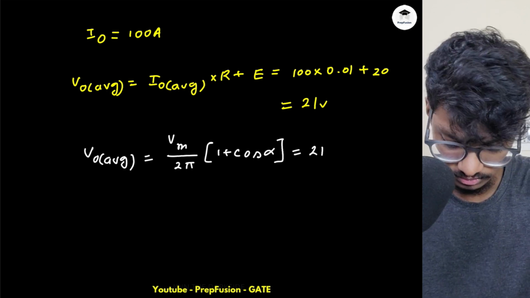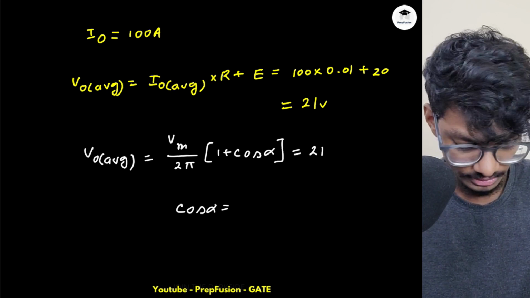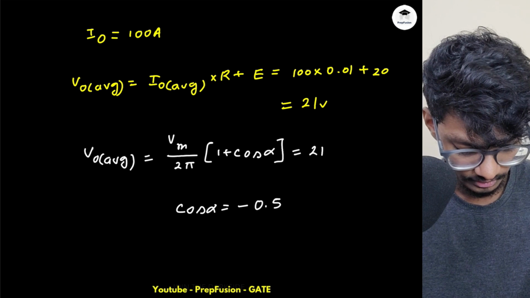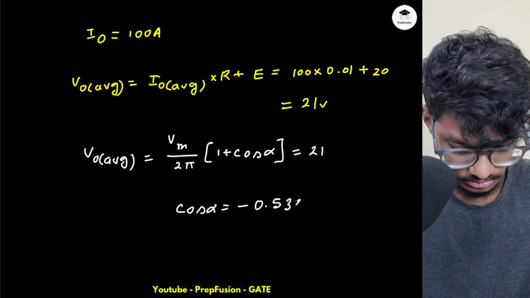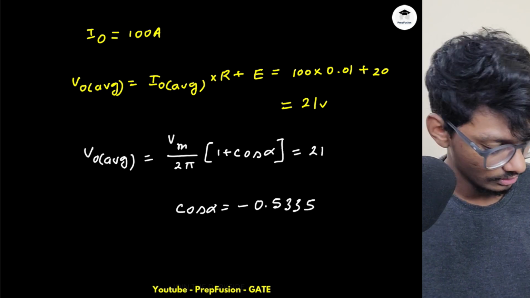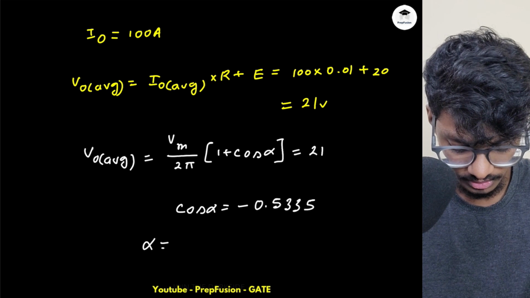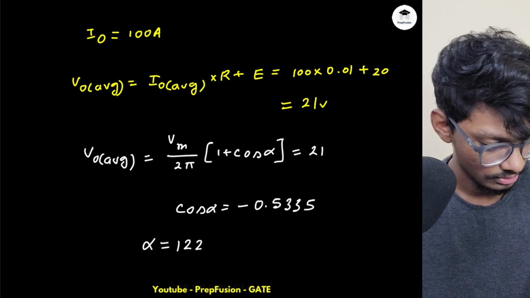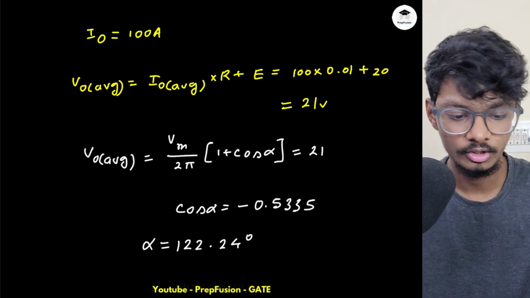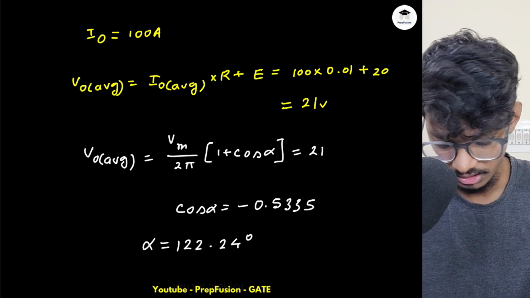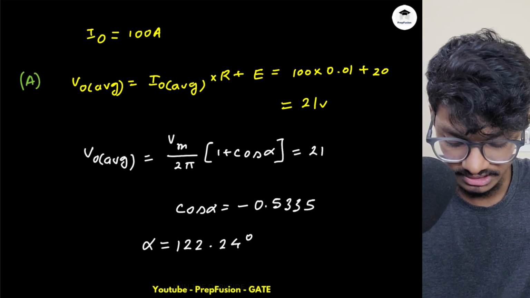Cos alpha is equal to minus 0.5335, and if I take the cos inverse of this, alpha will come out to be 122.24 degrees. So alpha will be 122.24 degrees, and this will be my answer to part A. And whenever this current is constant, right?